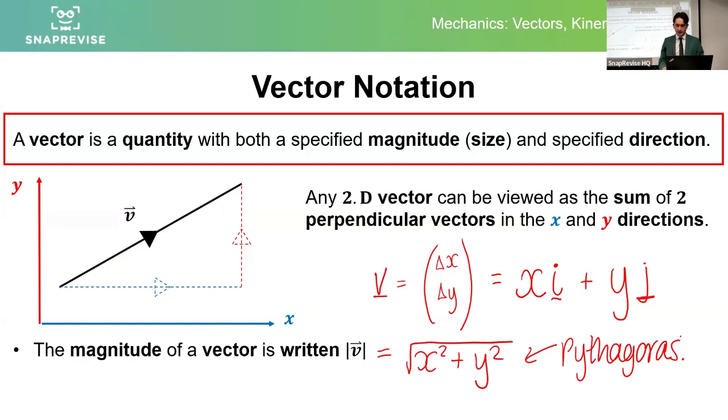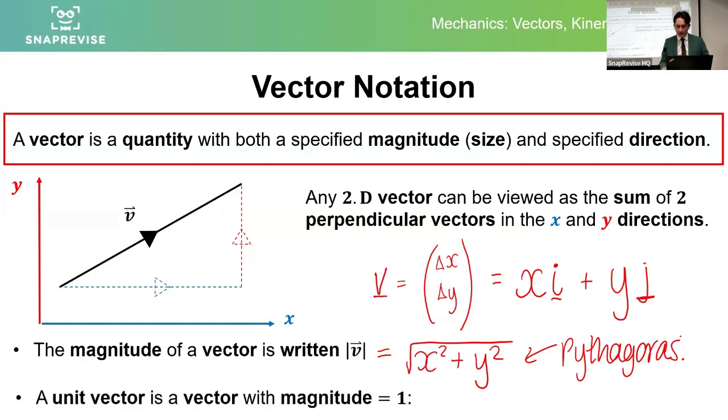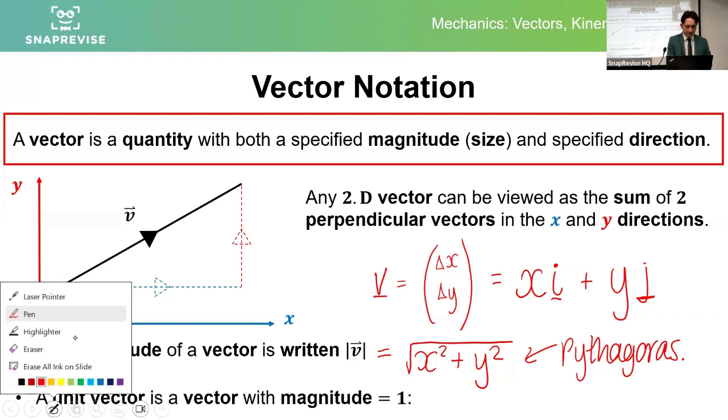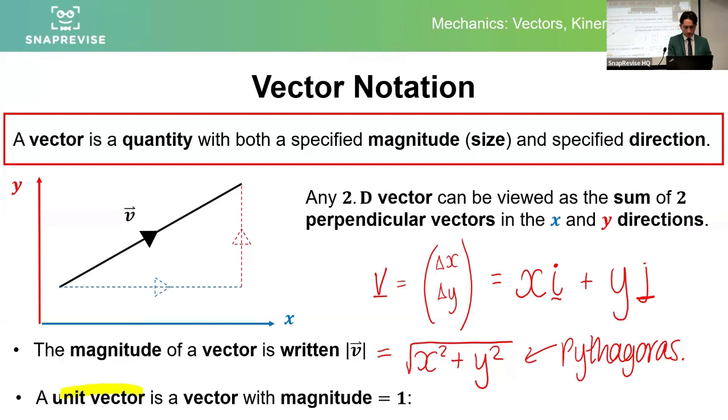Now, the other thing in year 12 that a lot of people forget, and they forget this in year 13 as well, is this idea of a unit vector. And remember, in maths, anything that says unit means of size 1. So a unit vector is parallel to the vector we have, but it has a magnitude of 1.